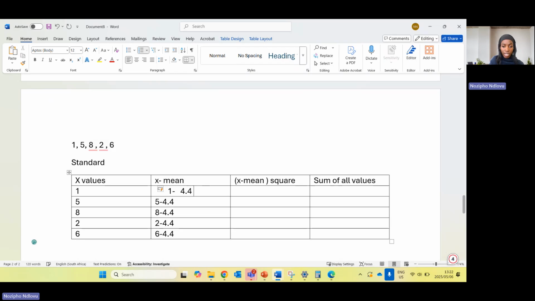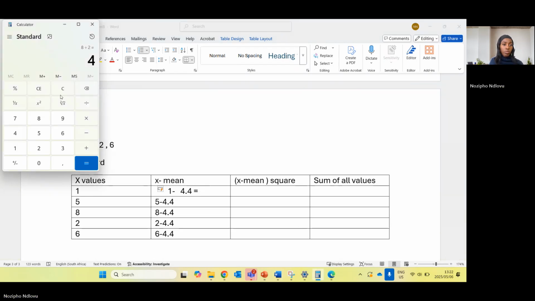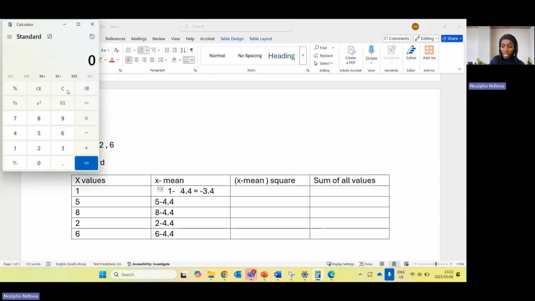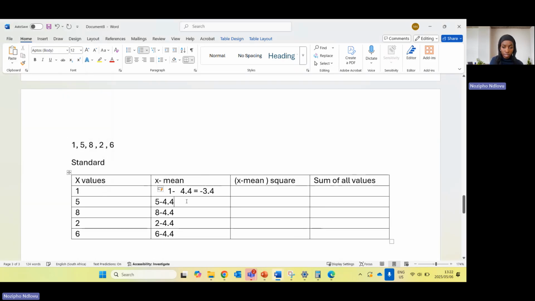Let's get the calculations. 1 minus 4.4 is going to give you a negative 3.4. Then 5 minus 4.4, obviously, is going to be 0.6.